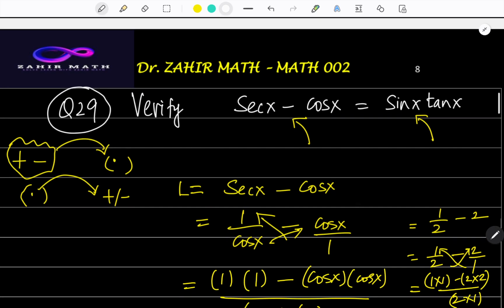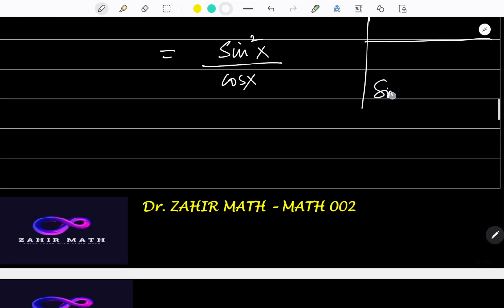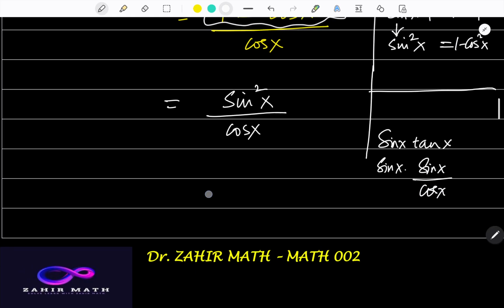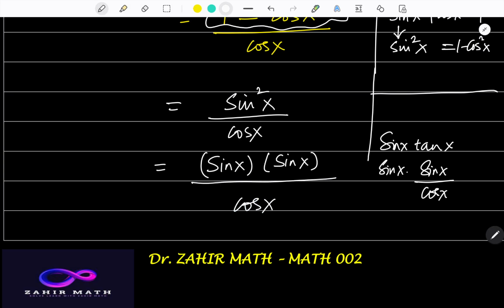Now, the answer I need to bring is sine and tan. So let me write here sine x tan x. What is tan x? Sine x divided by cosine x. See here, I have the equations here. So this sine square x I'm going to write as sine x times sine x divided by cosine x. Can I write like this? Yes.